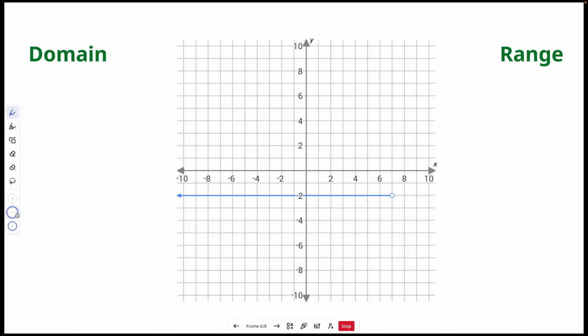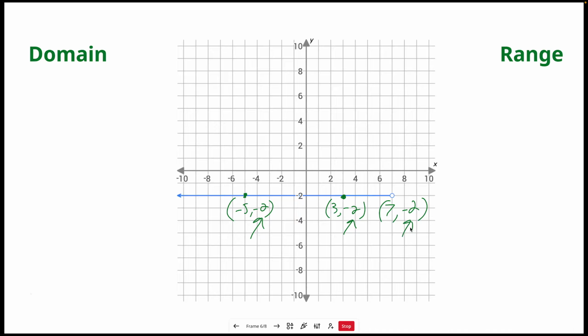All right, for a horizontal line, again, let's make sure we know our one point. That would be (7, -2). And then on a horizontal line, let's just pick another point here just to be sure. This is (3, -2), and one more point, this is (-5, -2). So you'll notice -2, -2, -2.